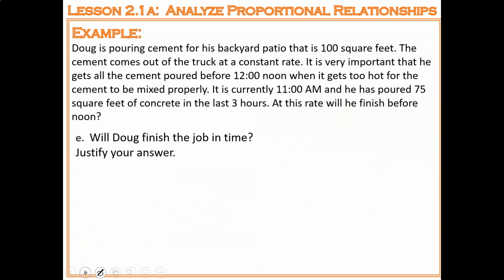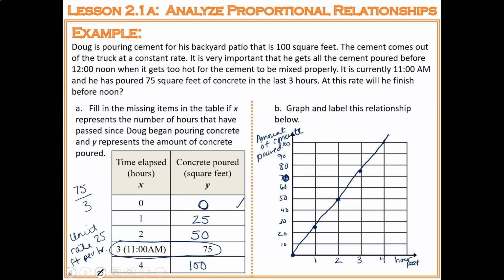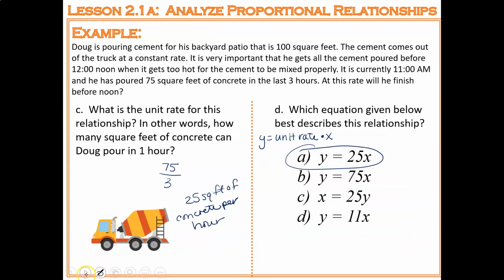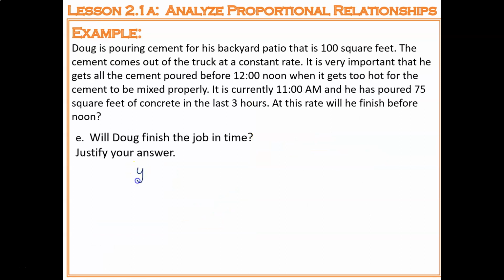Okay, now we're going to move on to E. Will he finish in time? Justify your answer. I'm a visual person, so if we go back here, for every hour, see, this is 11, and 1 more hour puts him at noon. If you look at the table, he's at that 100 square feet. So yes, he will.